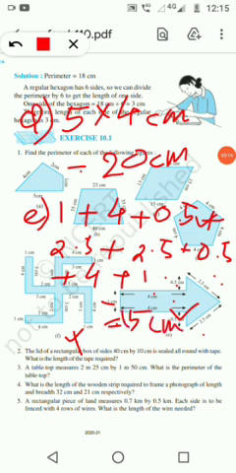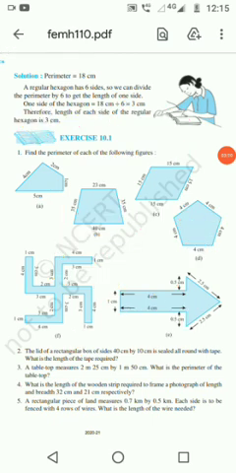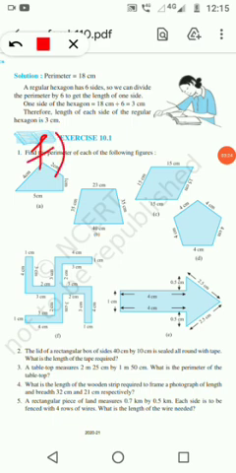Now let's come to question number F. These arms are the same: 3, 4, 1, 3, 2. Again 3, 4, 1, 3, 2. Again here 3, 4, 1, 3, 2.